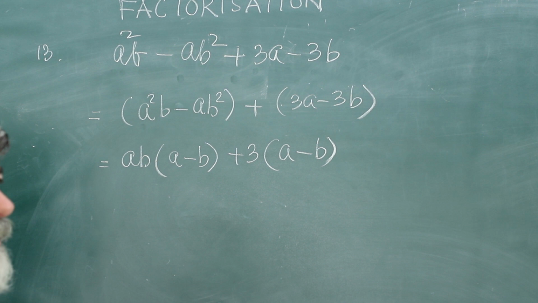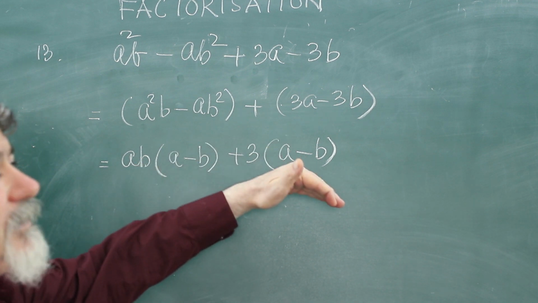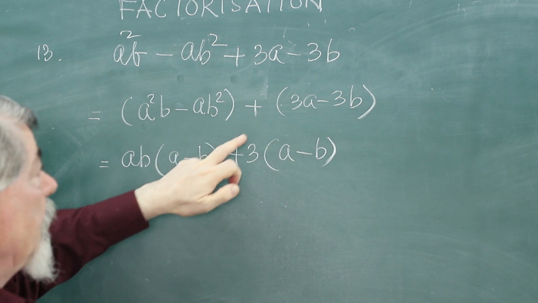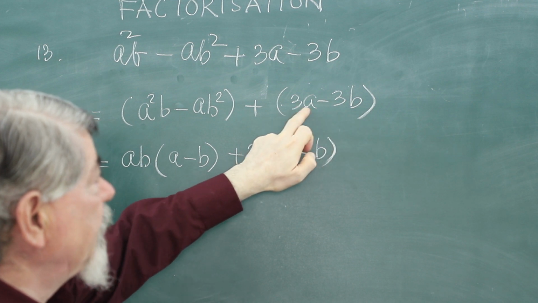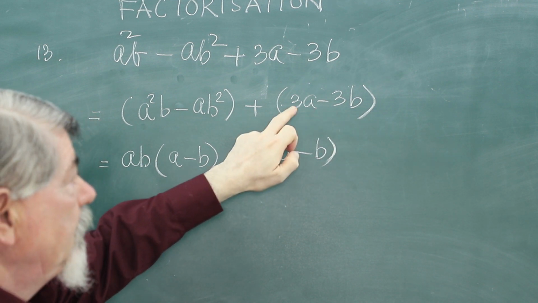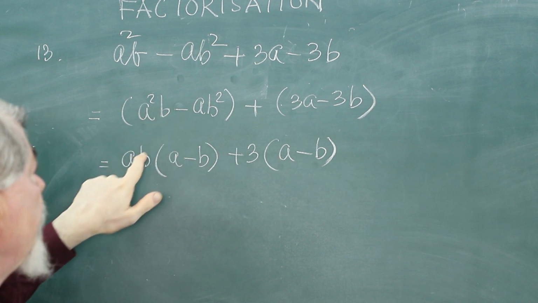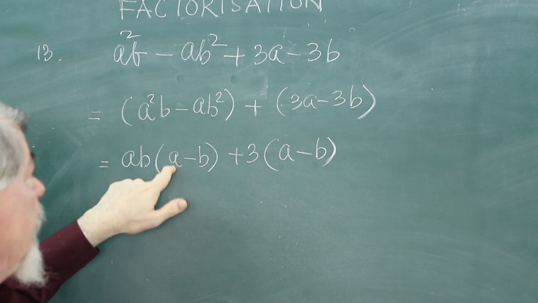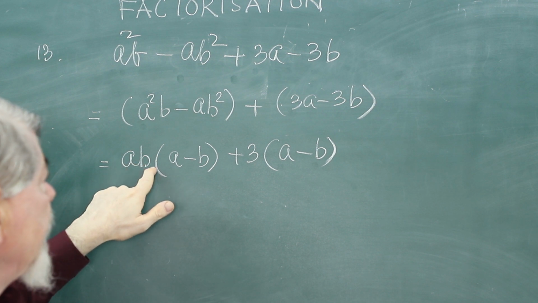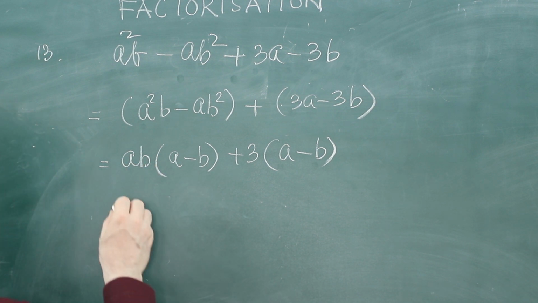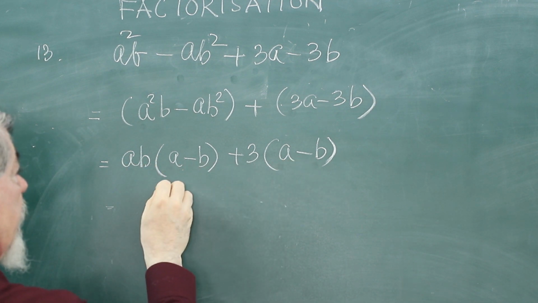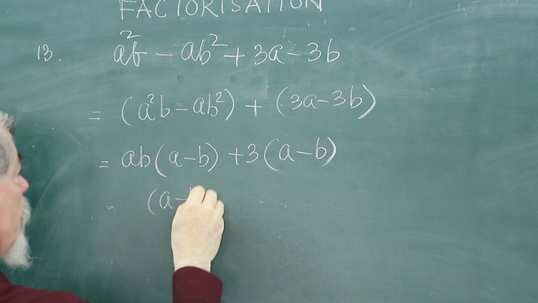Because whatever you take out common, you divide the inside terms by that. Like if I am taking 3 common, 3a divided by 3 will give you a, 3b divided by 3 will give you b. A square b divided by ab will give you a, ab square divided by ab will give you b. And then we take out a minus b common in the two.